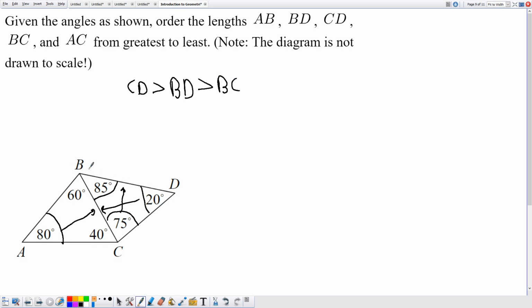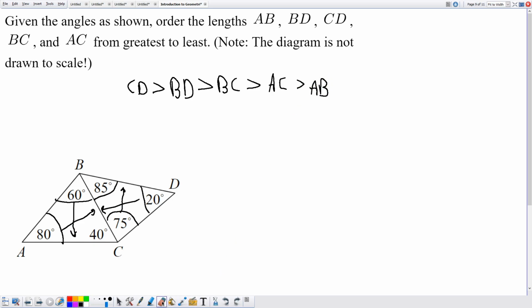Since we have gotten rid of BD and CD from the list, we can now just focus on triangle ABC. So what goes after BC? Well, that would be the side AC, since that's the next largest angle. So we have AC. And then finally the last side would have to be AB.